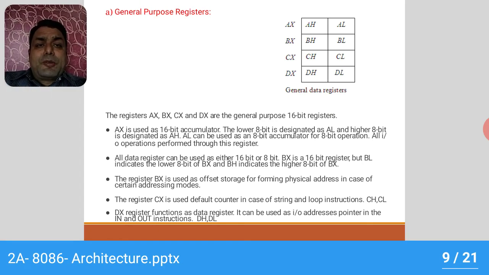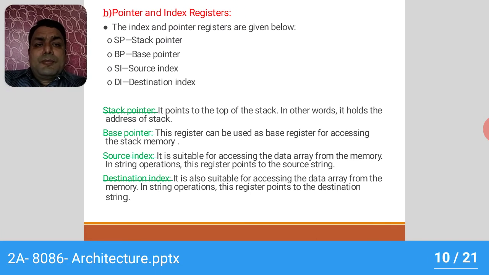We have general purpose registers AX, BX, CX and DX, which are 16-bit registers. AX is the combination of AH and AL. AL can be used as an 8-bit accumulator for 8-bit operations also. Similarly, BX, CX, DX registers perform their corresponding operations.